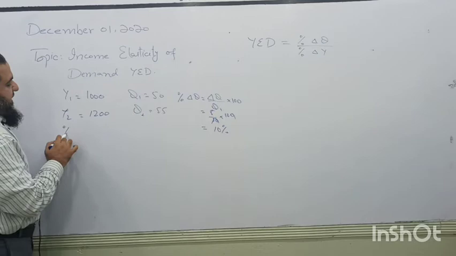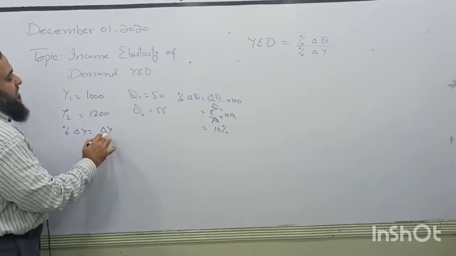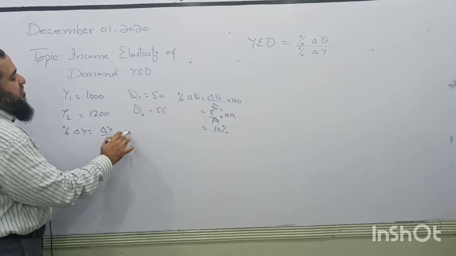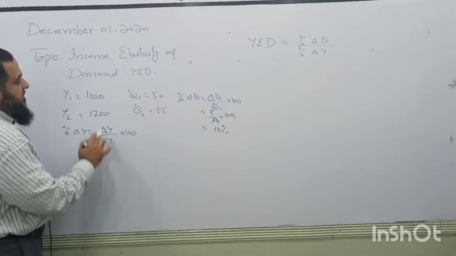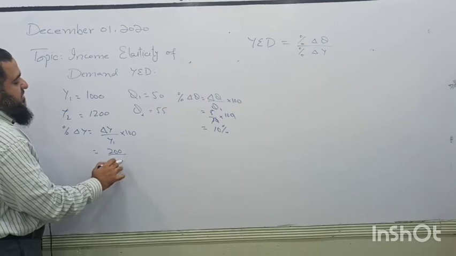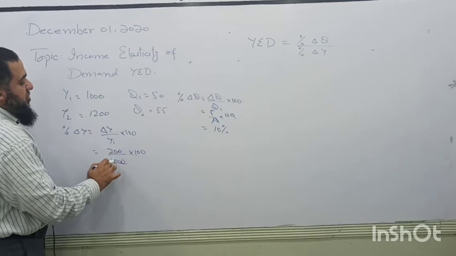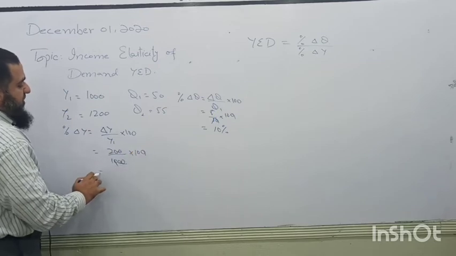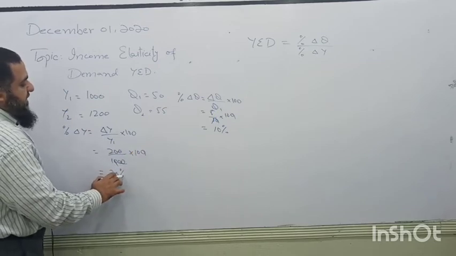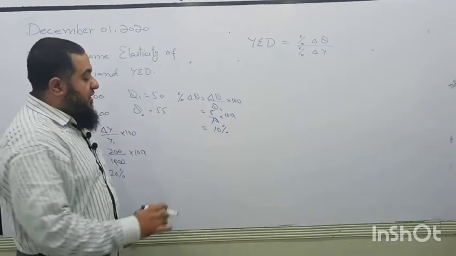What is the percentage change in income? That is change in income over original income into 100. The change in income is 200, whereas the original income is 1000, so this is a 20% increase in income, whereas there is a 10% increase in the demand for this product.